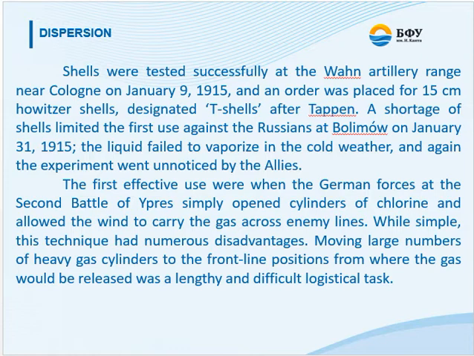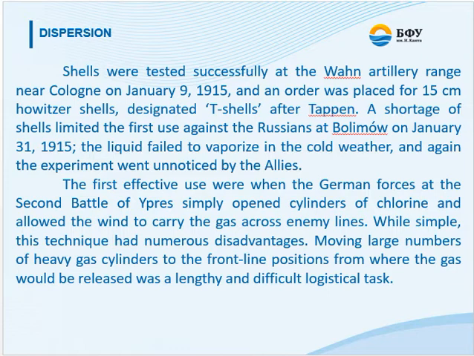A shortage of shells limited their first use against the Russians at Bolimov on January 31, 1915. The liquid failed to vaporize in the cold weather, and again the experiment went unnoticed by the Allies.